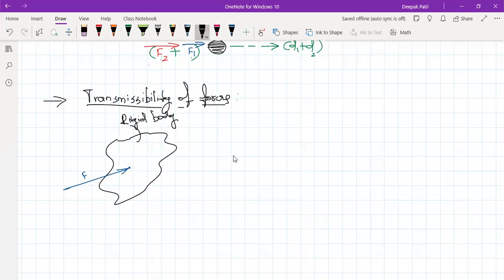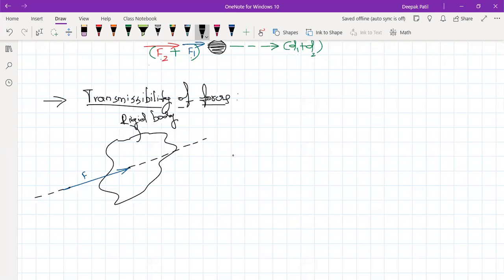Now, along this force, I will draw a dotted line, something like this, right? It is not a straight line. Okay, so this is a dotted line which I extend this side and that side.